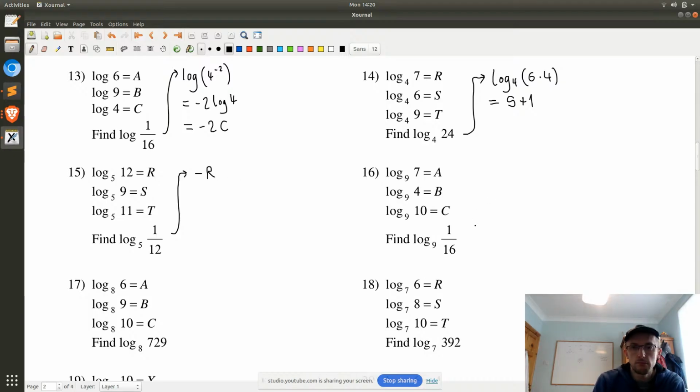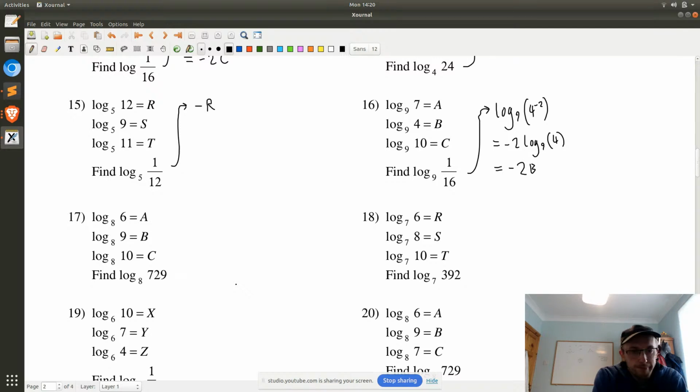Here, 4 to the minus 2 is 1 over 16. So this is log base 9 of 4 to the minus 2, which is minus 2 lots of log base 9 of 4, which is minus 2b. 729.